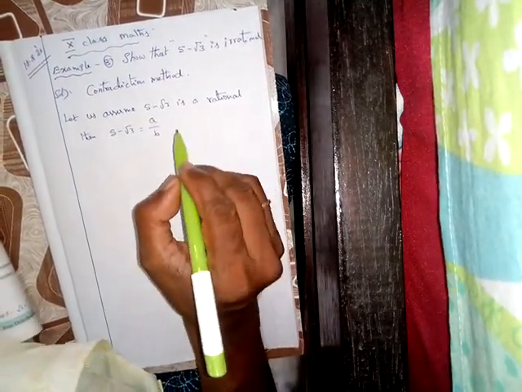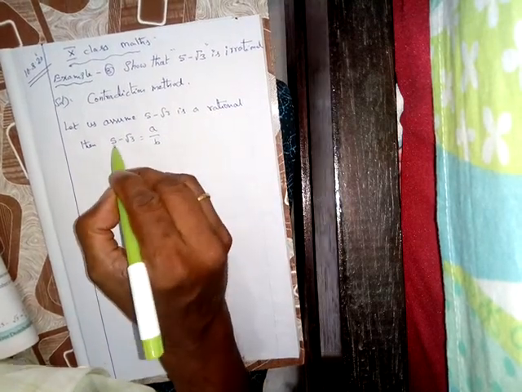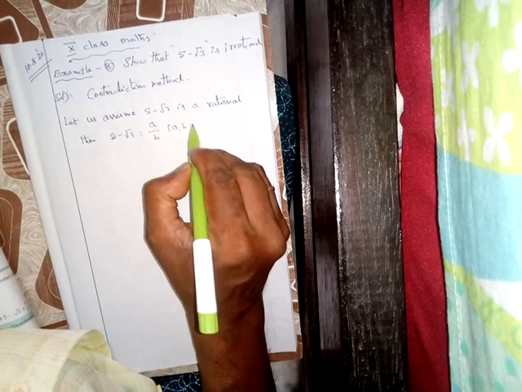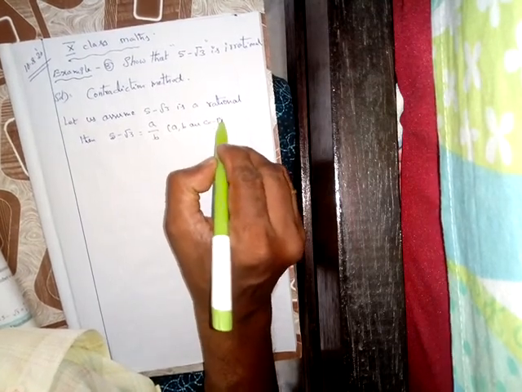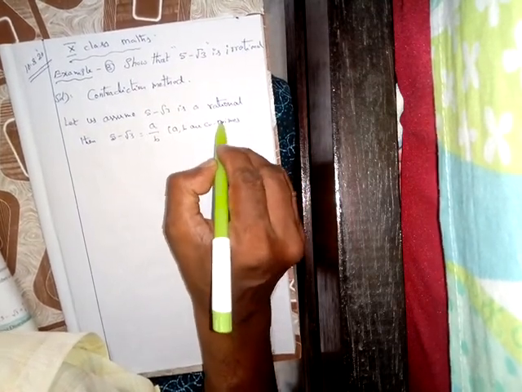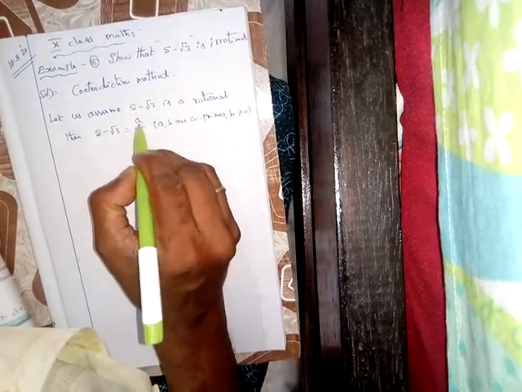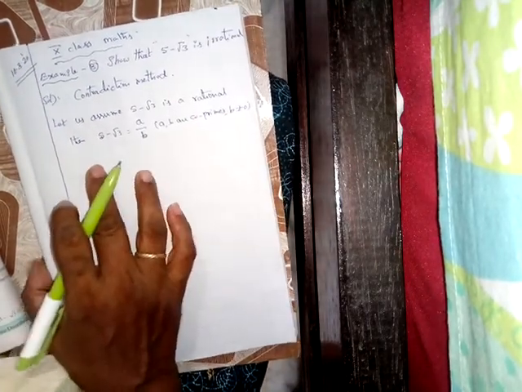That is the definition of rational numbers. So now 5 minus root 3 is written as a by b, where a and b are co-primes and b is not equal to 0. Co-primes means the numbers a and b have no common factors.